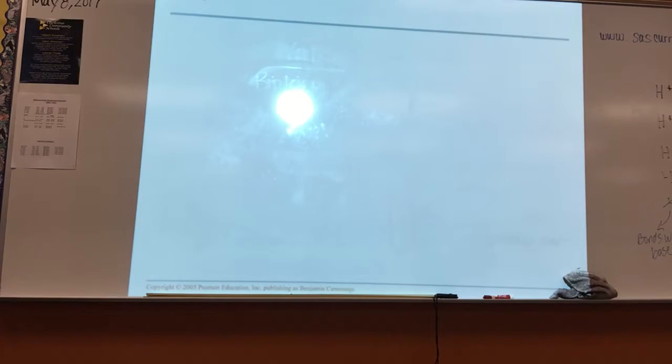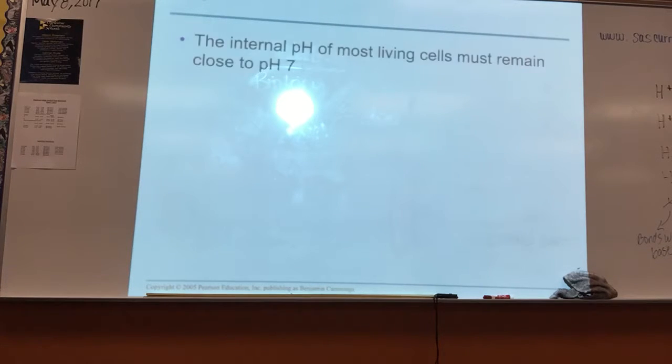So, buffers. I said that for living things it's really important to maintain a constant pH, and what we call a buffer is something that occurs in living things to help resist changes in pH. This is probably new for most people. So internal pH is right around 7, somewhere between 6 and 8, and it has to remain there.